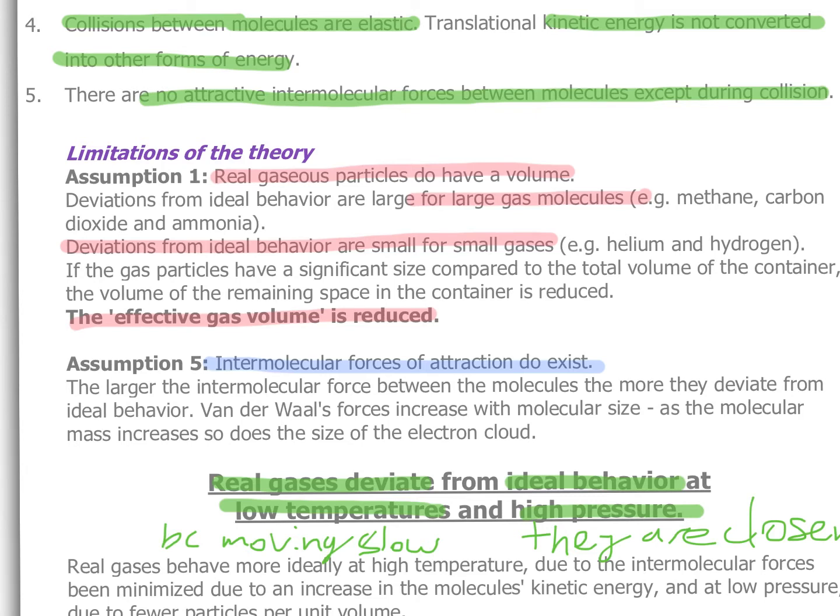Because at high temperature, they're moving really, really fast. All those assumptions work. At low pressure, they're really, really far away. All the assumptions work. So whenever we get away from these assumptions, whenever we are at low temperature and high pressure, and now we're talking about real gases where our ideal gas law doesn't really come out right, there is a way to calculate that.